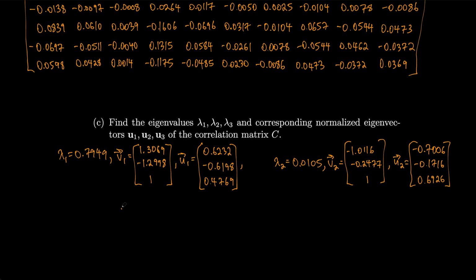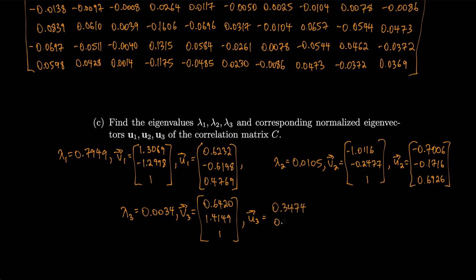And last but not least, lambda 3 given by 0.0034, v3 as 0.6420, 1.141491, normalized to become 0.3474, 0.7658, 0.5412.